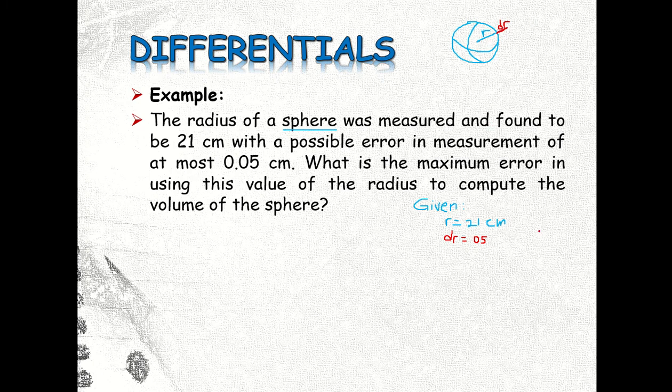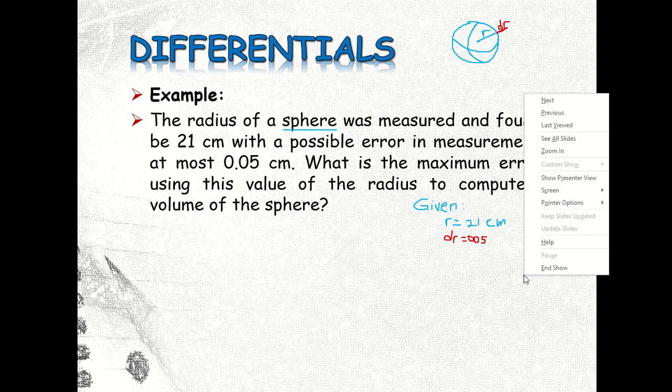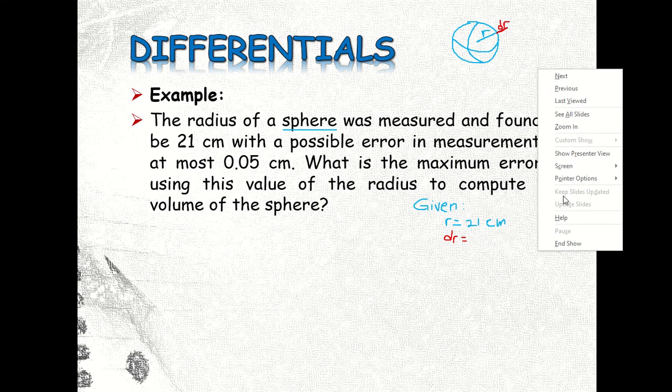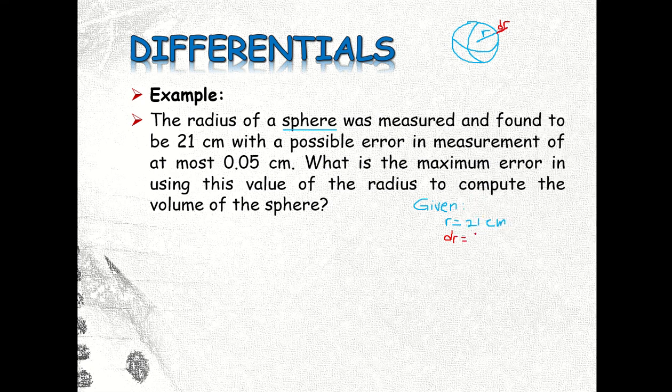So generally we can have plus or minus 0.05. So our dr is equal to 0.05.